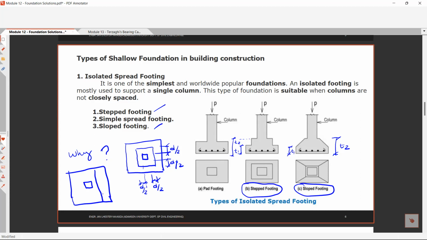So ito yung susceptible for shearing or for diagonal tension or diagonal crack. This one is a D distance from the face of the column.